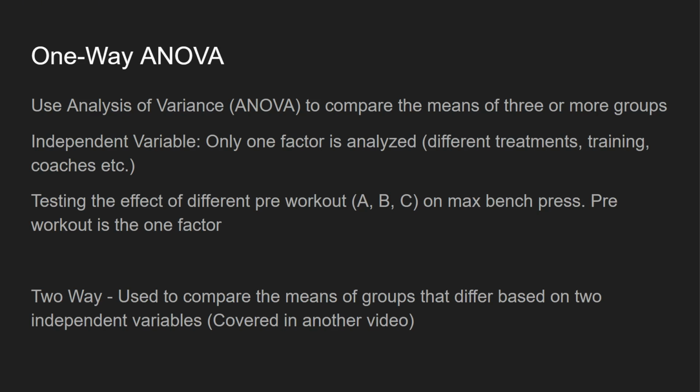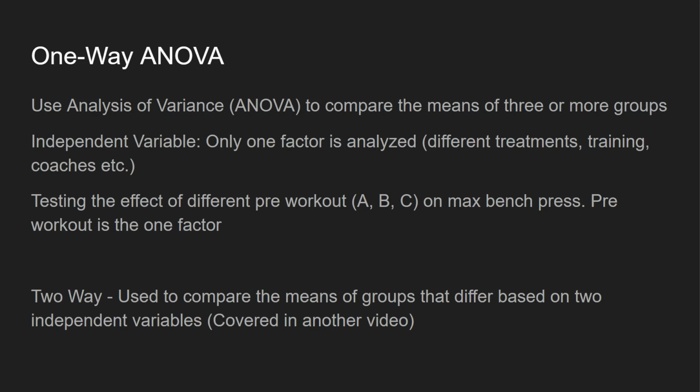So you can think of this as different examples, right? On the medical side of things, you might think of different treatments or medicine. In sports, you might have different training methods or a different coach. A pretty good example is the effect of different pre-workouts on a max bench press.